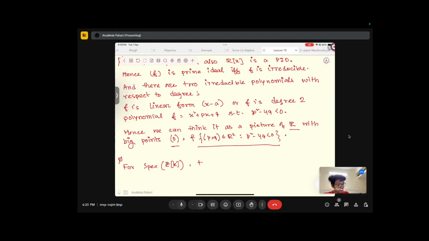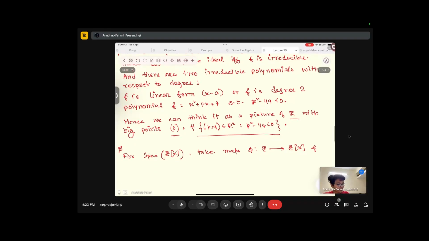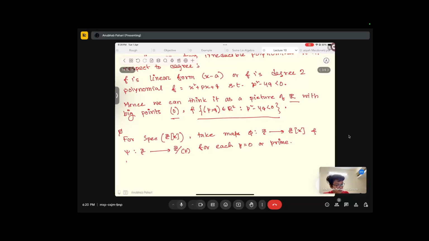Now for this, we'll take two maps, phi from Z to Zx and psi from Z to Z by P. So it's a field, because for each P equals to 0 or prime, then it gives us a commuting diagram.